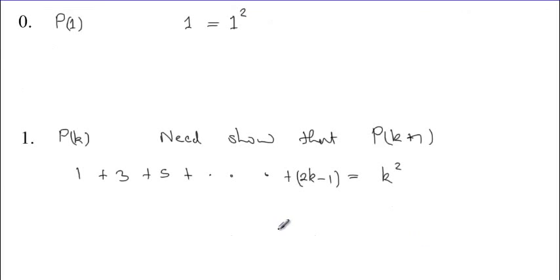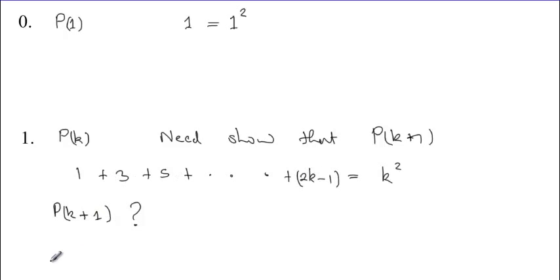So now we need to prove that it is true for k plus 1. So I'll write here k plus 1 and put a question mark, as a question whether it is true for k plus 1. Now how does this look for k plus 1?